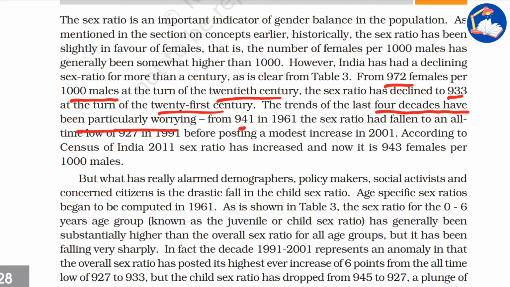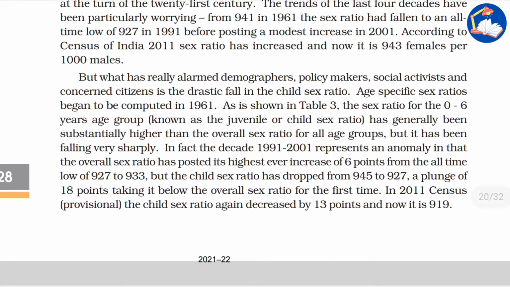From 941 in 1961, the sex ratio had fallen to an all-time low of 927 in 1991, before posting a modest increase in 2001. According to the Census of India 2011, the sex ratio has increased and now it is 943 females per 1000 males.